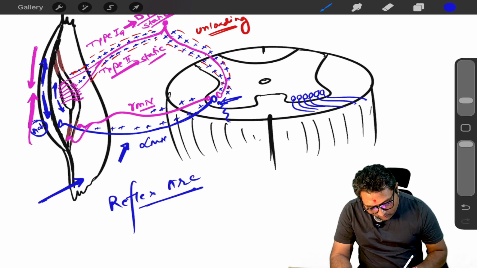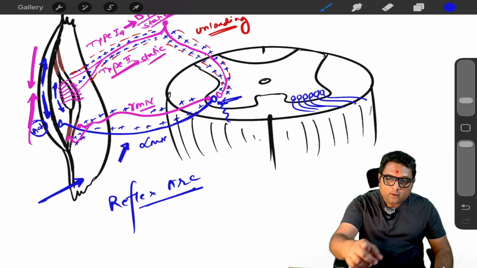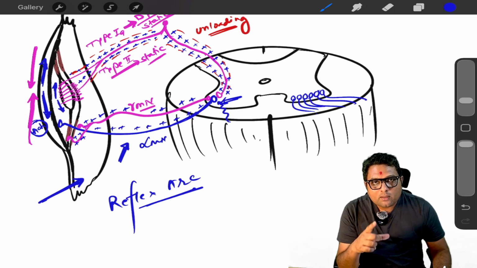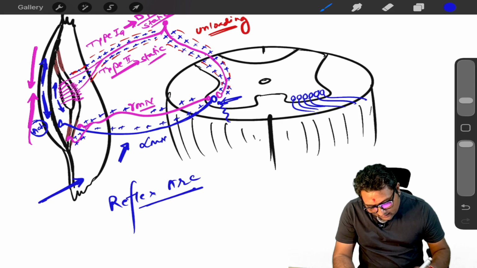and when this gamma motor neuron gets stimulated, it innervates the ends of the muscle spindle intrafusal fibers, which have a miniature contractile component.